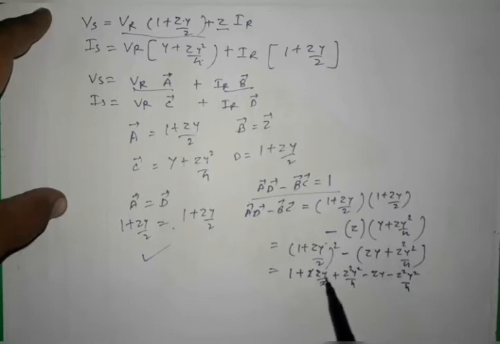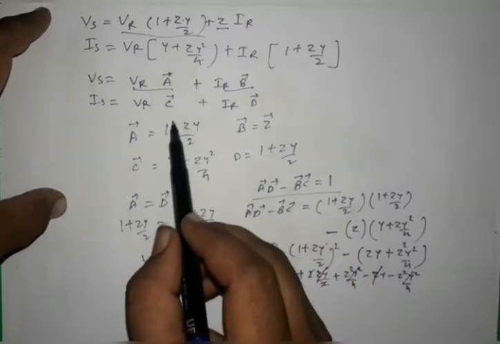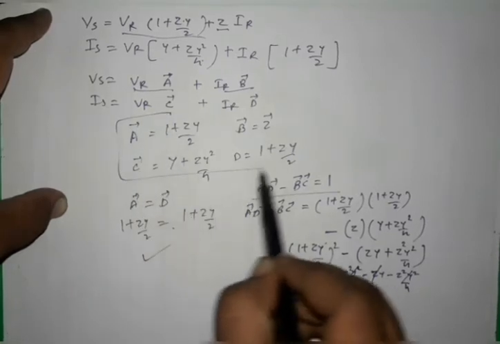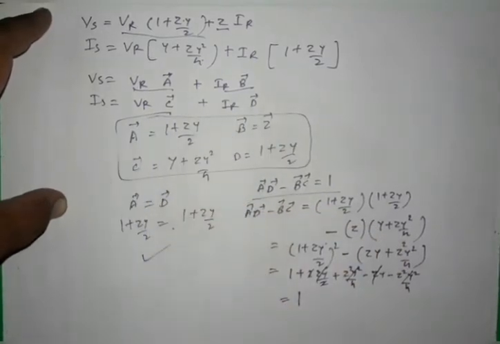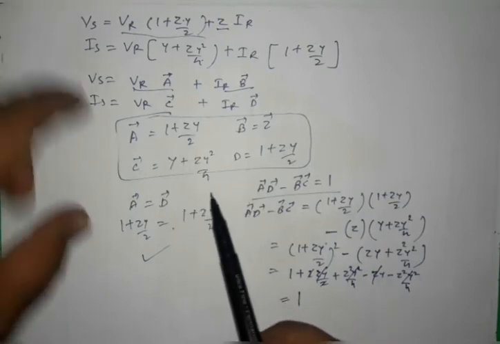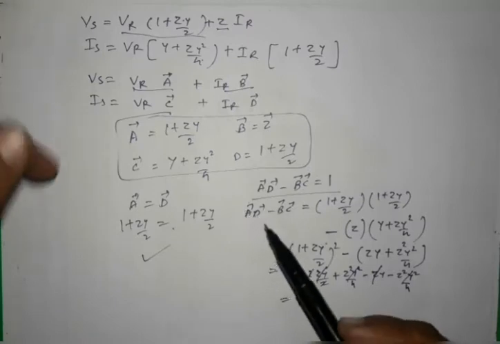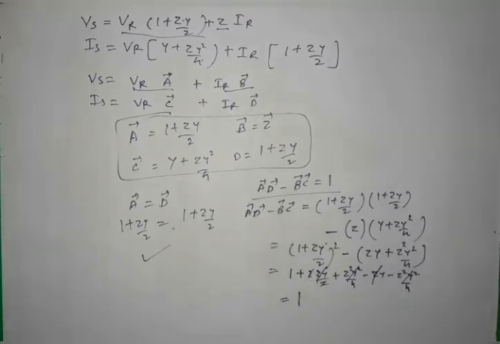So ZY is here minus ZY, which eliminates. Now Z²Y²/4 minus Z²Y²/4, this eliminates, so it is equal to 1. So here we have our parameters A, B, C, D. Now from these parameters we find the value of ABCD and then we find the value of sending end voltage and sending end current.